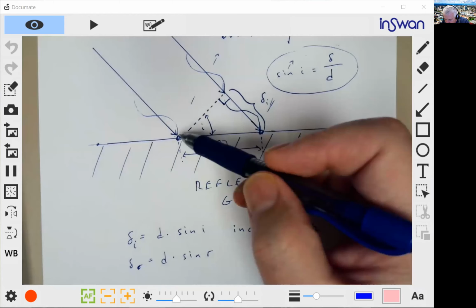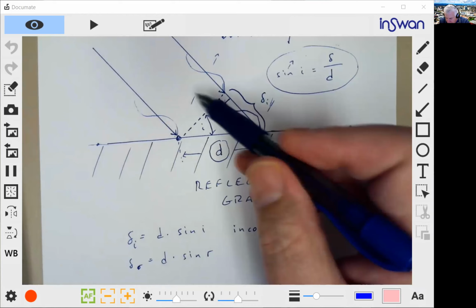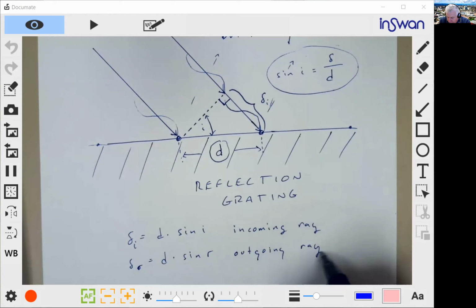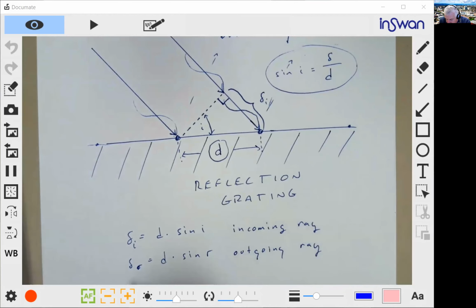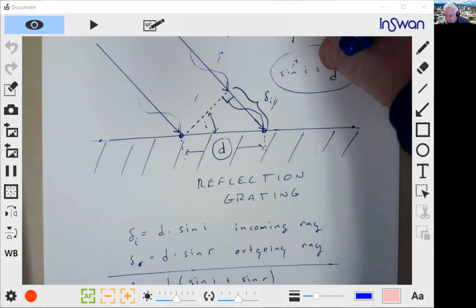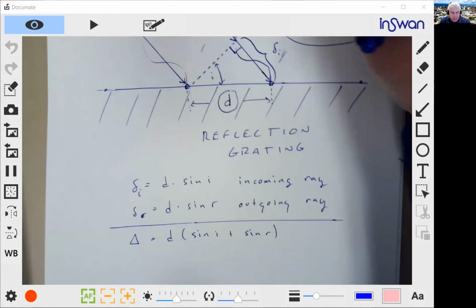And now this guy will have the longer path length, and we'll do the same kind of thing here, but this is the outgoing ray. And if we add these up, we can say that the total path length difference delta is equal to D times sine I plus sine R.